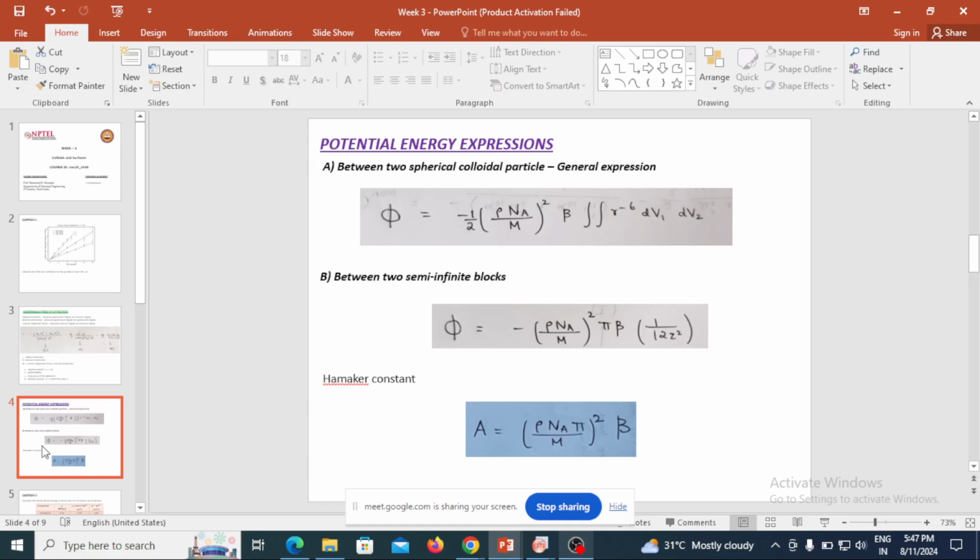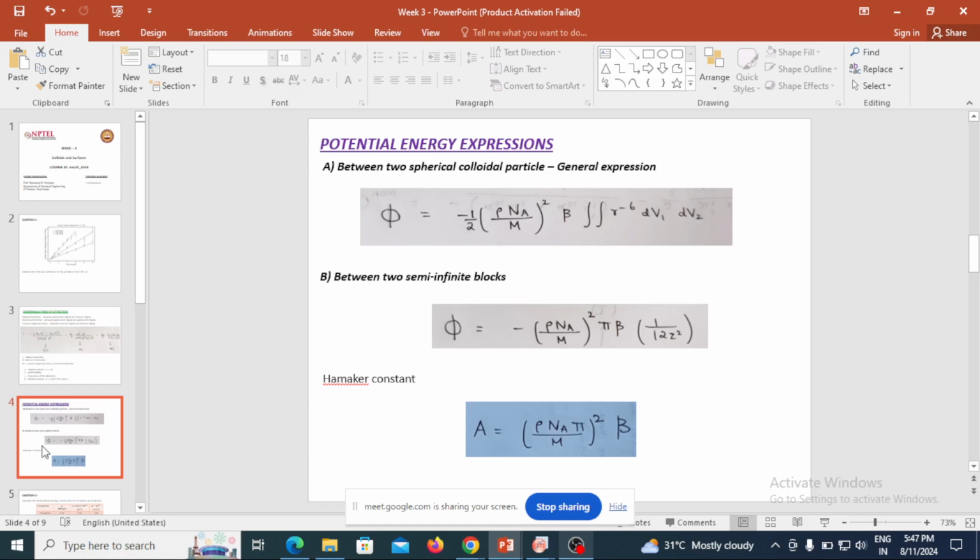Now we use these van der Waals forces of attraction and try to scale them up for macroscopic objects. Again, when I say macroscopic objects, they are also within the nanometer ranges only. So we discussed the van der Waals forces of attraction for atoms and molecules, right? Now we try to scale that up for macroscopic objects.